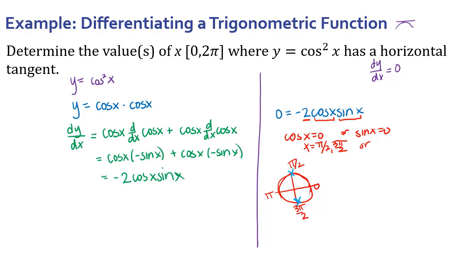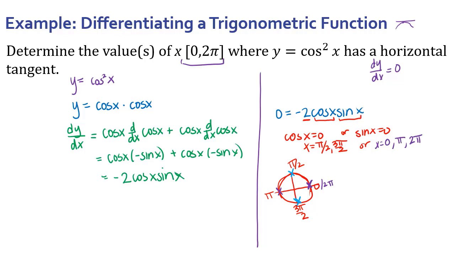And then where does the sine function equal 0? Sine deals with the y value, so the y values are 0 here and here. Within this interval, it looks like I'm including both 0 and 2 pi. I would say that's going to happen at 0, pi, and at 2 pi, because this is also 2 pi all the way around.